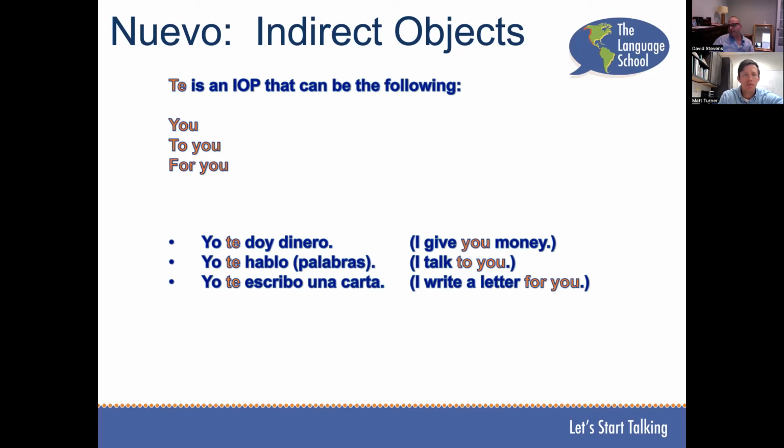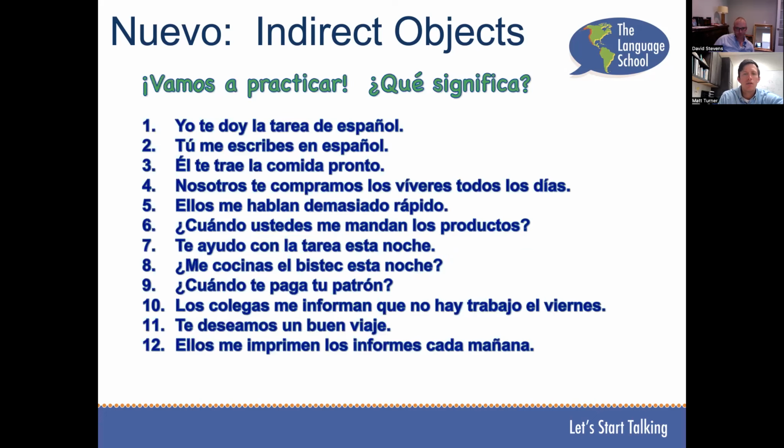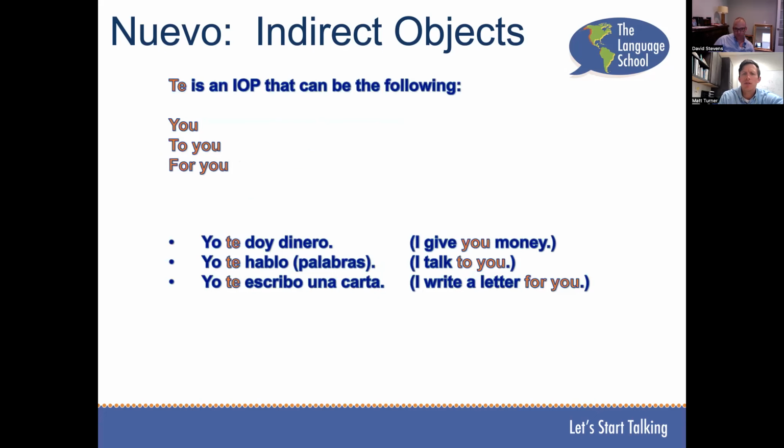Here I put palabras in parentheses. You wouldn't really say it. That would be the direct object. Sometimes you don't actually say the direct object though. So what are you talking? You're talking words, palabras, the language or whatever.